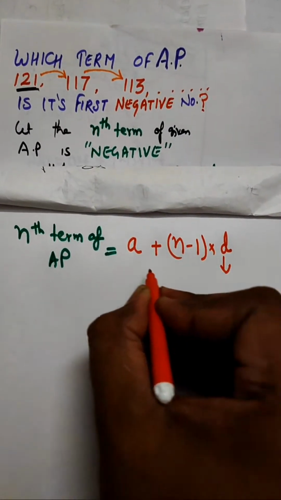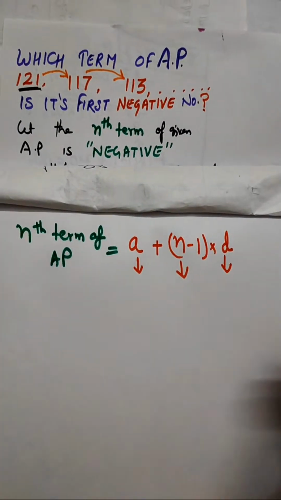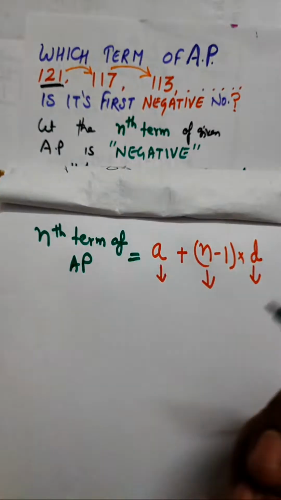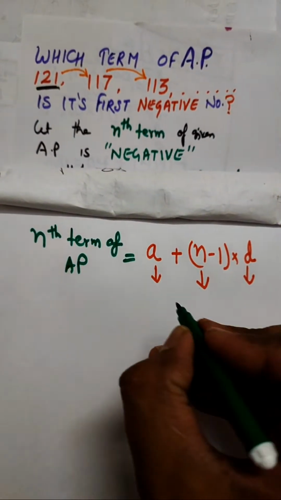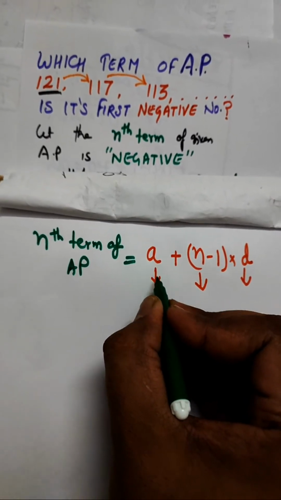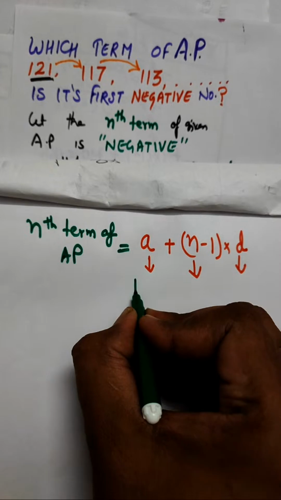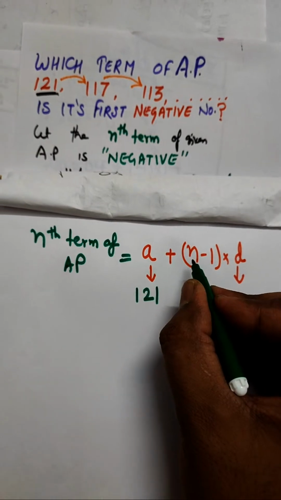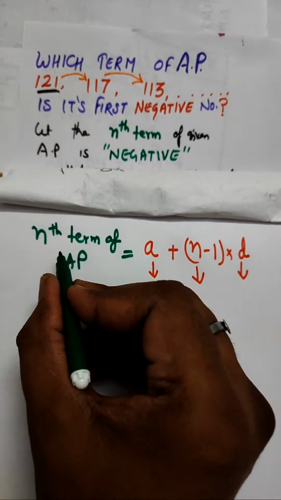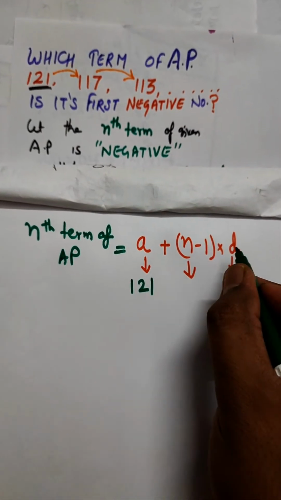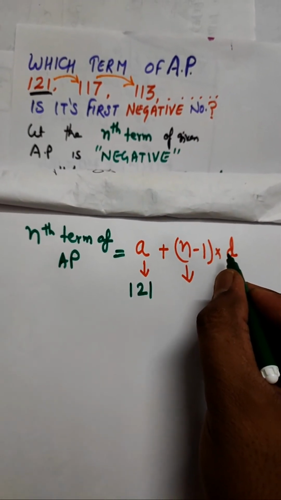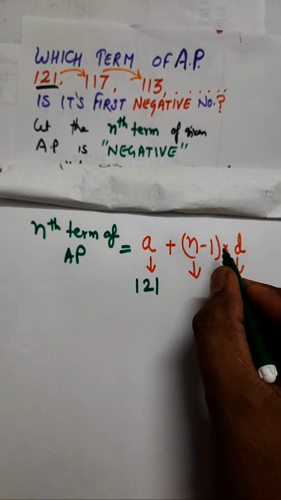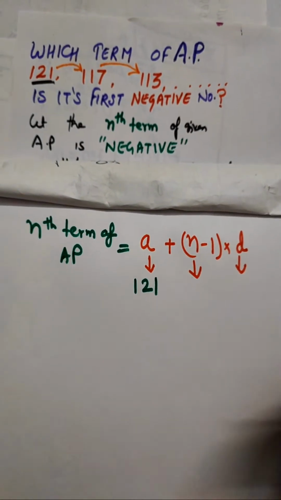What is d over here, and what is a, and what is n? A is the first term of the AP, which is 121, right? Let us assume the nth term, as per the formula, is the first negative number of this AP. Then a plus n minus 1 into d will be that negative term.